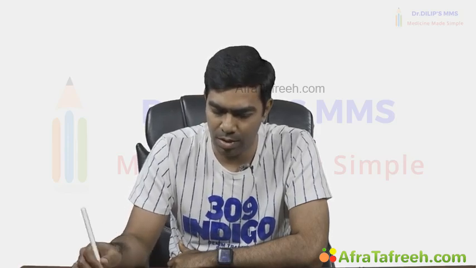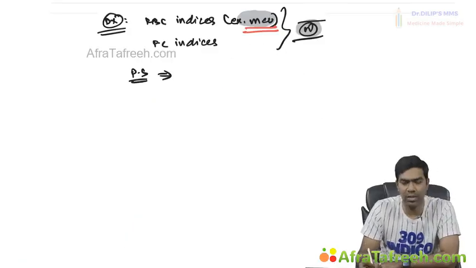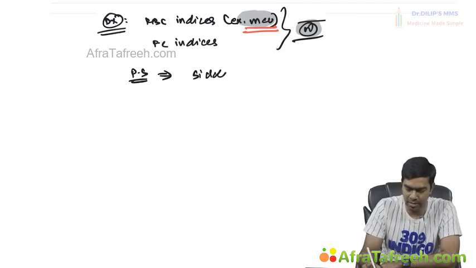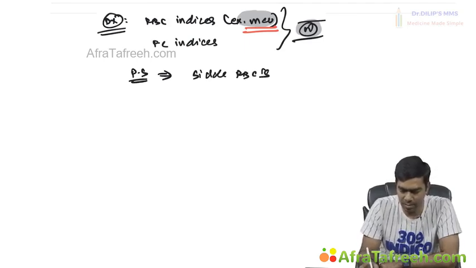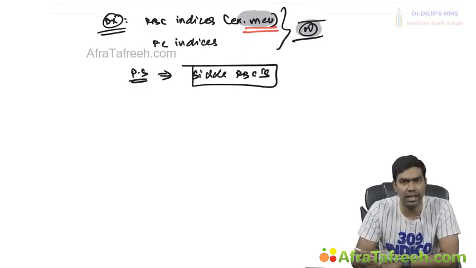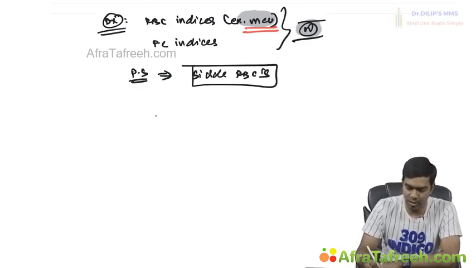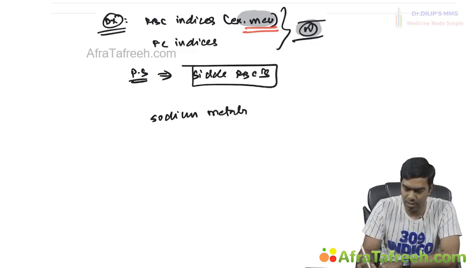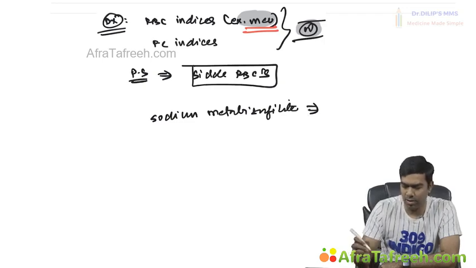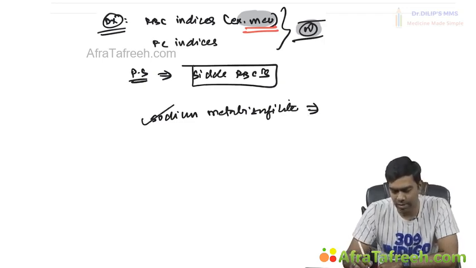Very important point. Next, what will you see in the peripheral smear? In the peripheral smear, you will see sickled RBCs. If you want to see the sickling, there is an inducing agent called sodium metabisulfite, also called the sodium metabisulfite test. This is one of the tests shown to induce sickling of the RBCs.